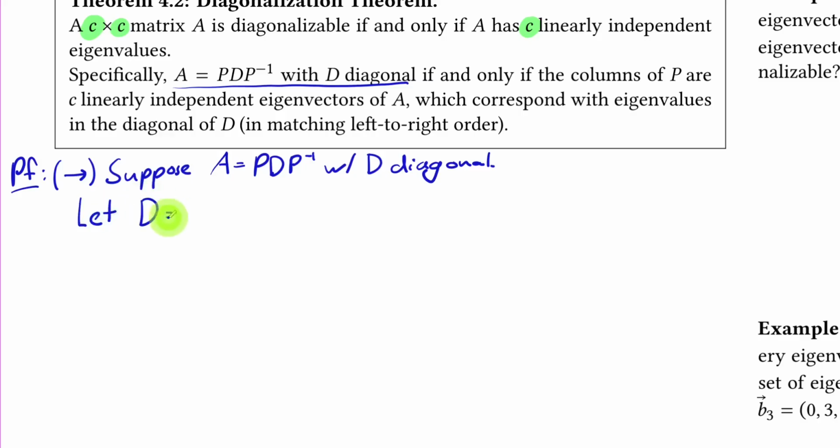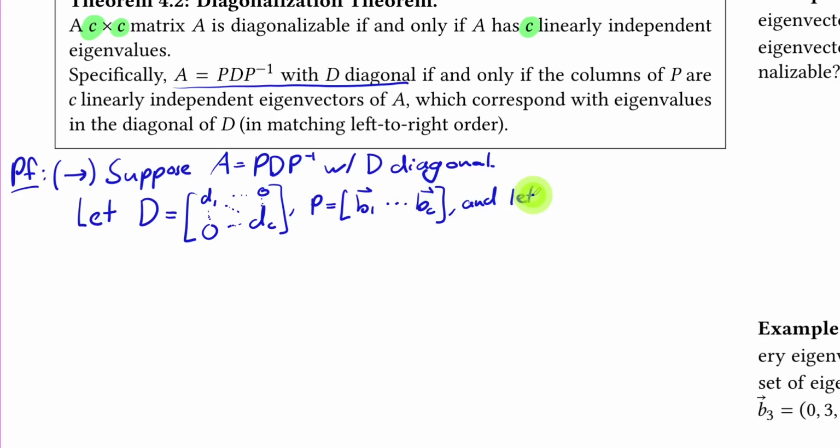So let's write D as having diagonal entries D1 through DC, 0 everywhere else. We'll label P as B1 through BC, like so.